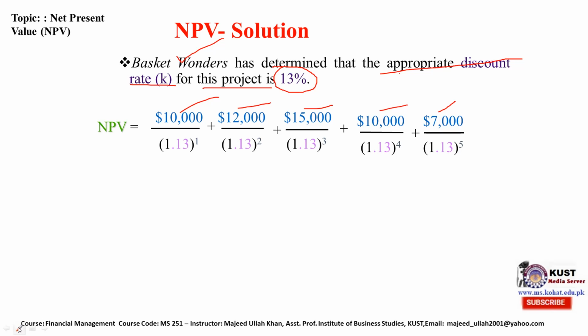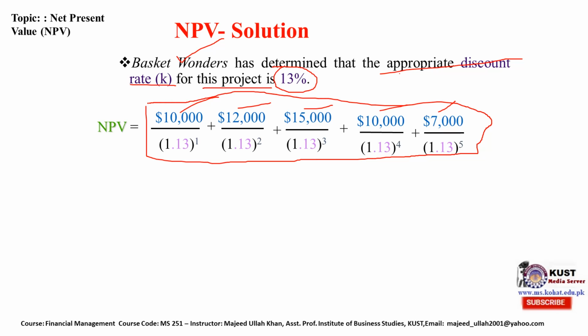This formula will give us the present value of all these future cash flows for 5 years. In the next step, we will deduct the initial cash outlay, that is 40,000. When we deduct this initial cash outlay, it will give us net present value.